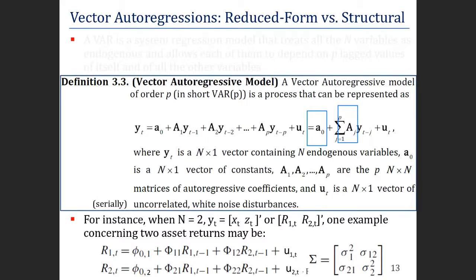You talk about a restricted model when some of the elements of either A0 or the matrices of coefficients Aj have zeros. So there are parameters that we know ex ante to be equal to 0. More generally, when some of the parameters inside A0 or the Aj can be set to some number that you know beforehand, so you do not have to estimate it, then you talk about a restricted vector autoregression.